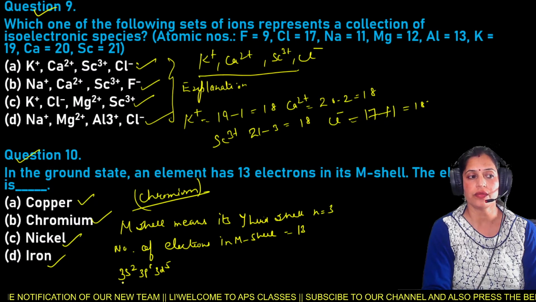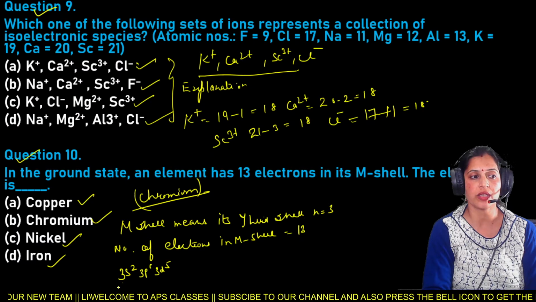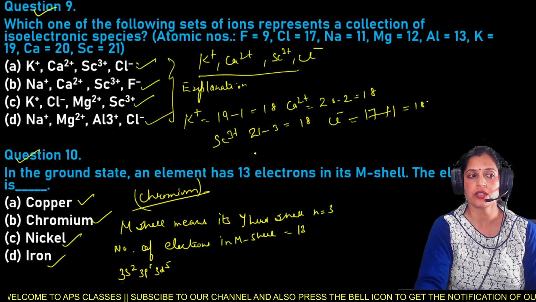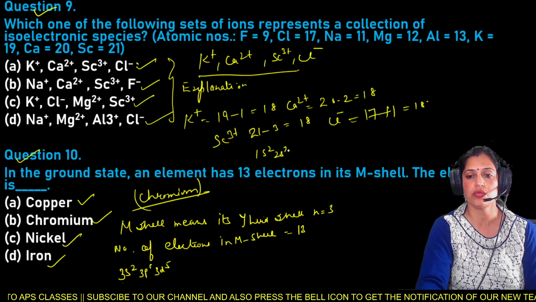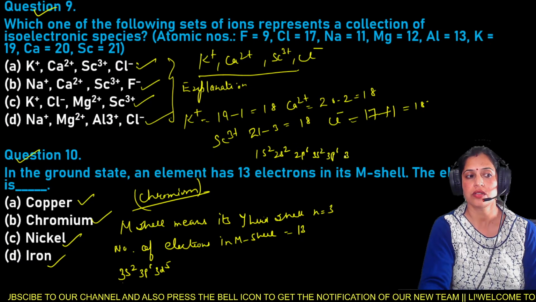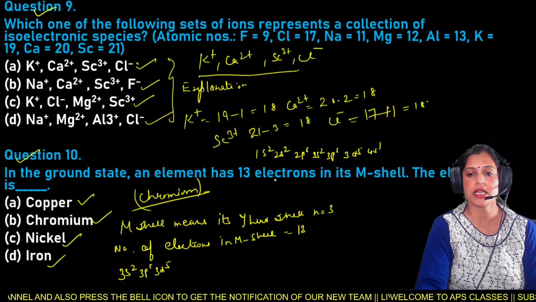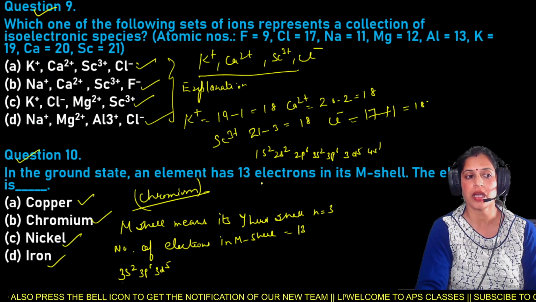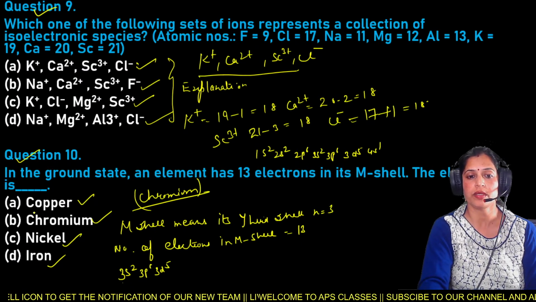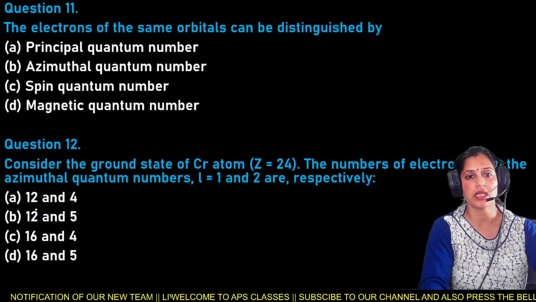So the electronic configuration is 1s2, 2s2, 2p6, 3s2, 3p6, 3d5, 4s1. This is the electronic configuration of chromium. Hence the element is chromium. This is the right answer for question number 10.